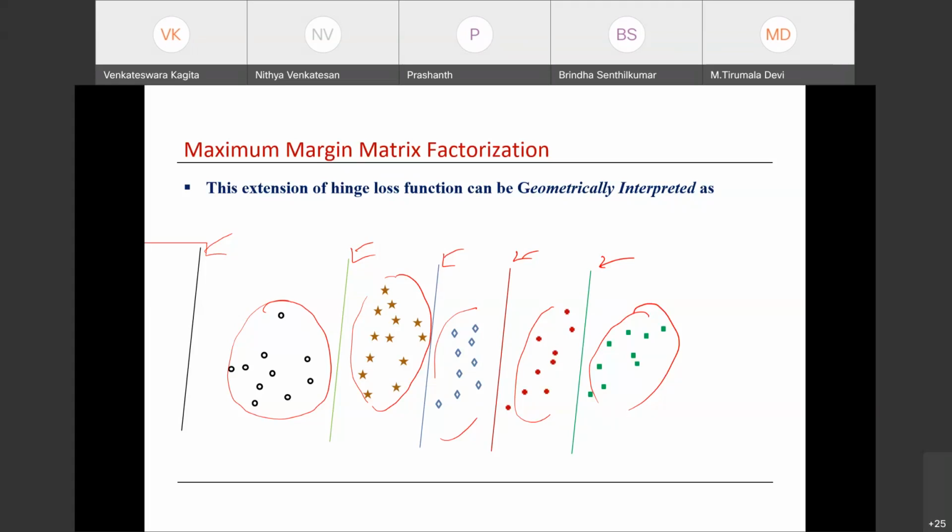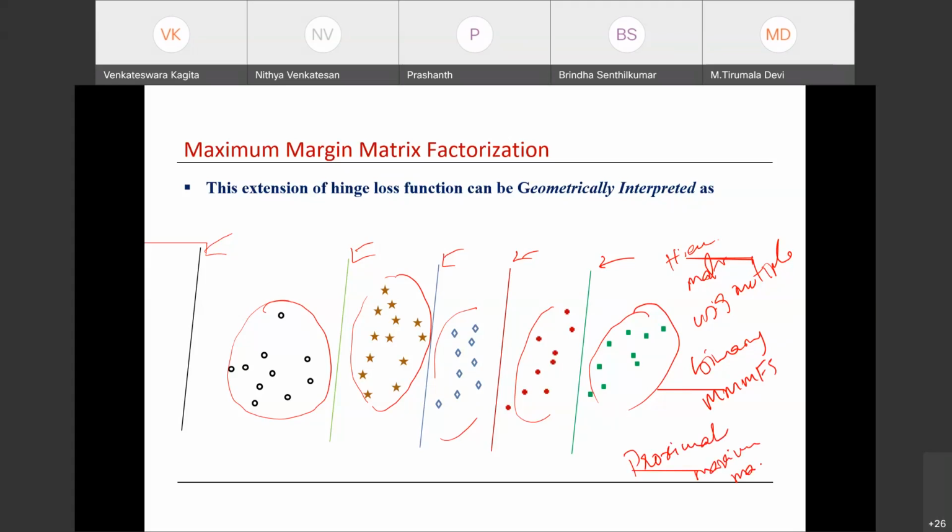We have worked on this problem and we have proposed some extensions of maximum margin matrix factorization. I know it is a little difficult to understand at first glance, so that is why I didn't keep our methods. If you are interested, you can refer to them: Hierarchical matrix factorization using multiple binary MFs is one paper, and the other one is Proximal maximum margin matrix factorization.